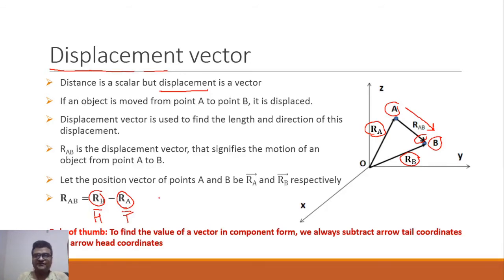If we want to find the resultant vector, the displacement vector, we have to subtract the coordinates of the arrow tail from the coordinates of the arrowhead. So what we are doing here is B minus A, not A minus B.